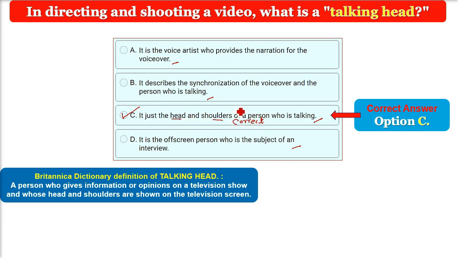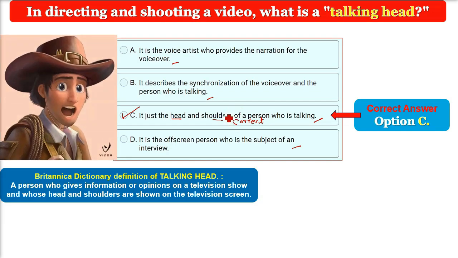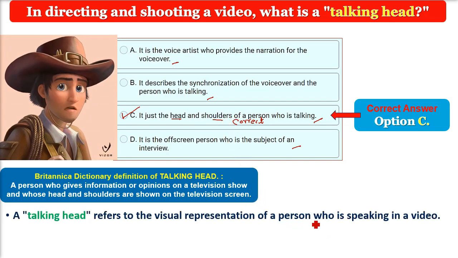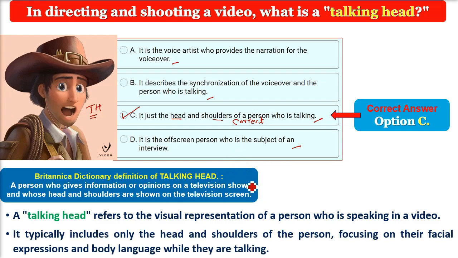So a talking head refers to the visual representation of a person who is speaking in a video. It typically includes only the head and the shoulders of the person, focusing on their facial expressions and body language while they are talking.